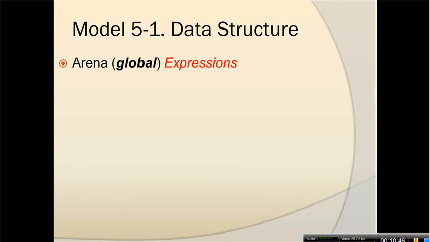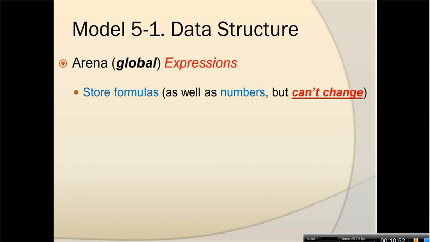Another type of data structure that Arena has is global Arena expressions, and that's where we store formulas. As I mentioned when we talked about variables, variables can only store numbers, they cannot store formulas. Expressions can also store numbers, but they're typically used to store formulas.